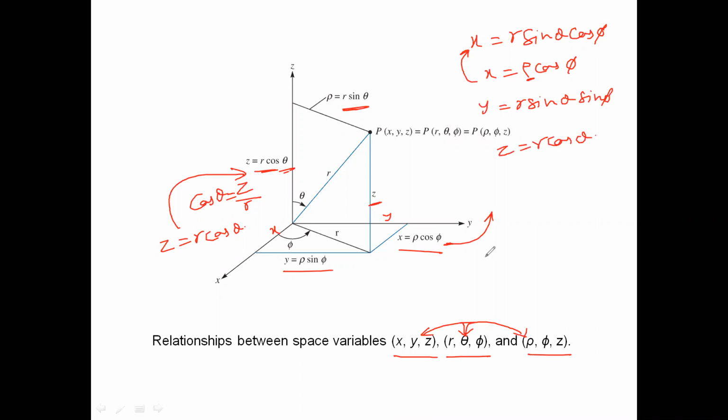And what about the remaining? That is the opposite: if you have the values in the Cartesian system and need to convert into spherical, then you need to substitute those values here.